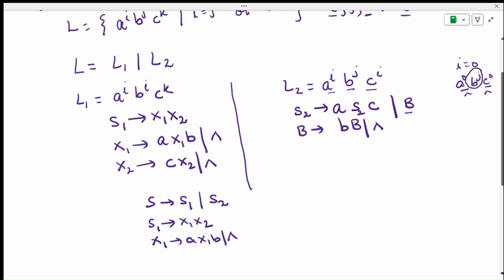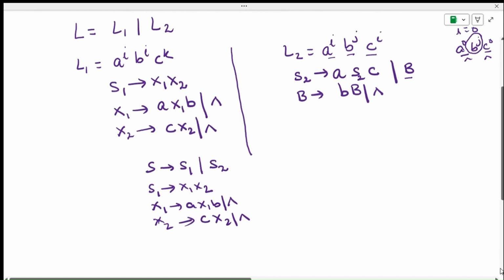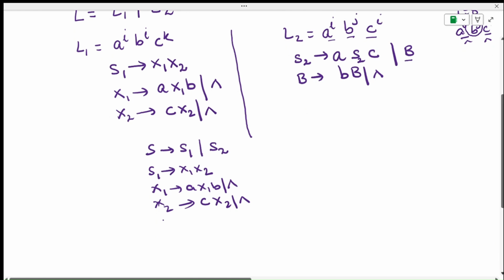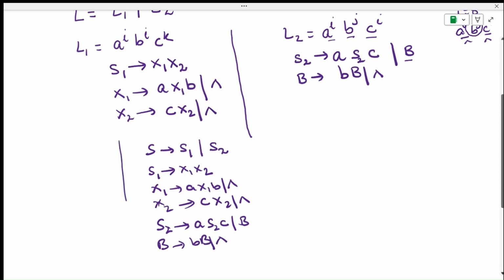What is X2? Just copy it from the previous lines, c X2 or null, and we know what is S2. S2 is a S2 c, or B. What is B? B is small b capital B, or null. So this is the context-free grammar for the language.